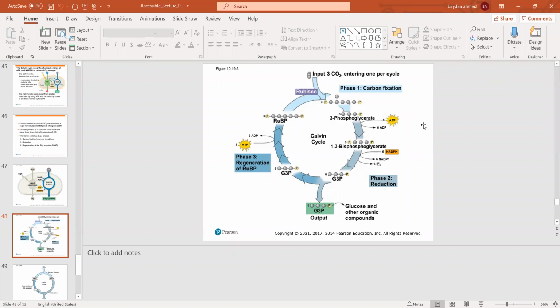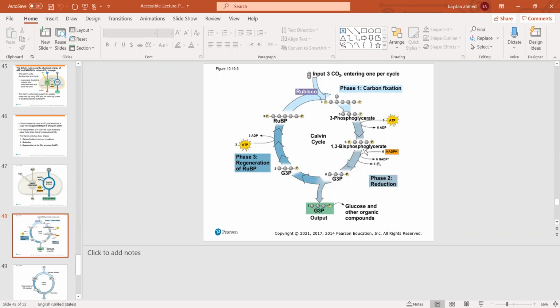In phase 2, reduction, each molecule of 3-phosphoglycerate is altered through phosphorylation by 6 ATP. Here 6 ATP were consumed and turned to ADP because their phosphate group is added to 3-phosphoglycerate to form 1,3-bisphosphoglycerate.